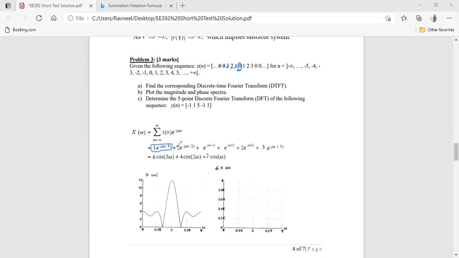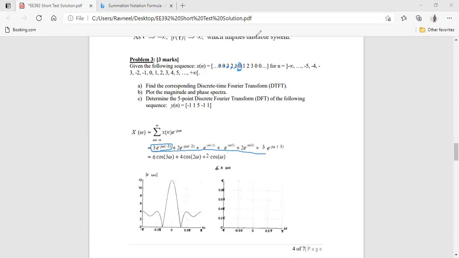Likewise for the second part, when n is equal to -2, the value is 2. x of -2 is 2, times e to the power of minus j omega, and our n value is -2. This is how you substitute and get this particular term.